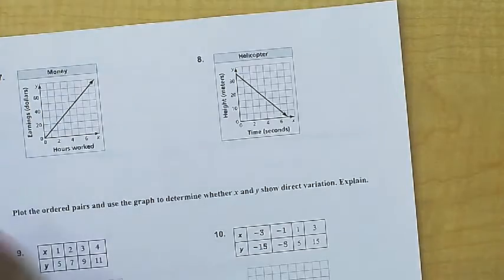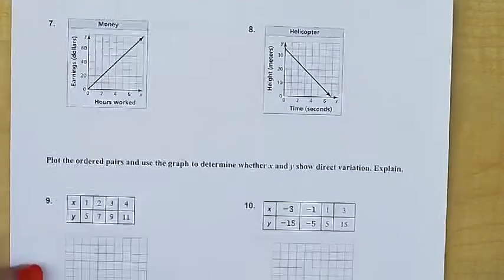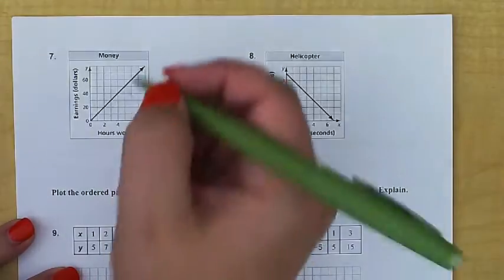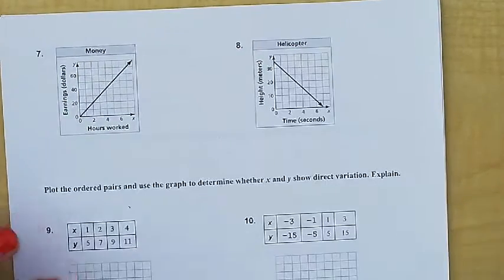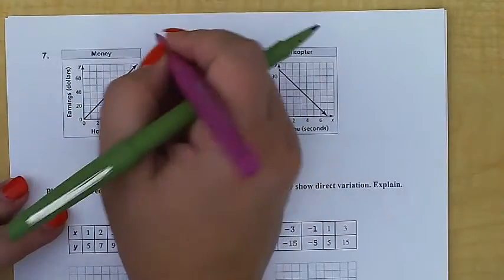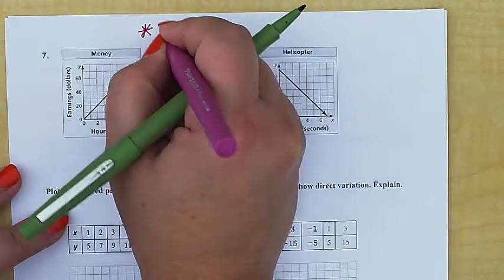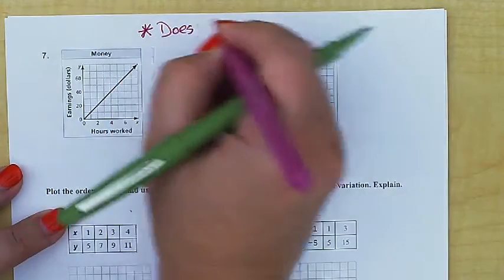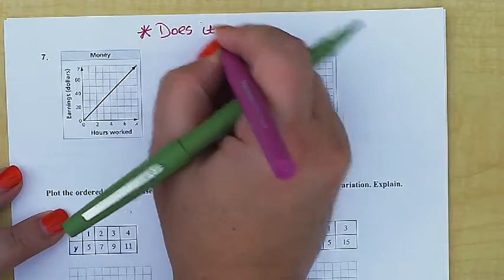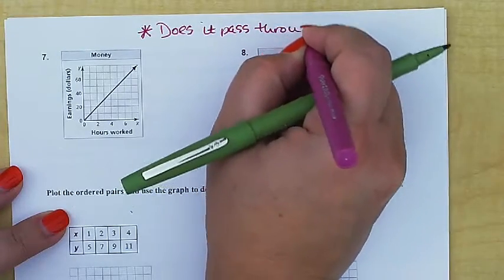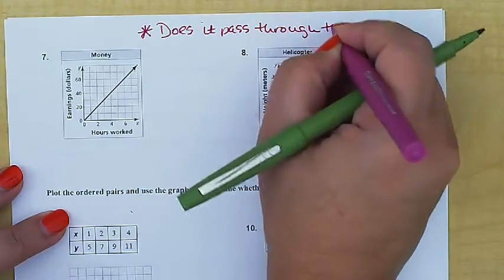Let's talk about being able to identify if something is a direct variation from a graph. So the big idea here is that it passes through the origin. From a graph is probably one of the easiest ways to determine, because we check to see, does it pass through the origin?